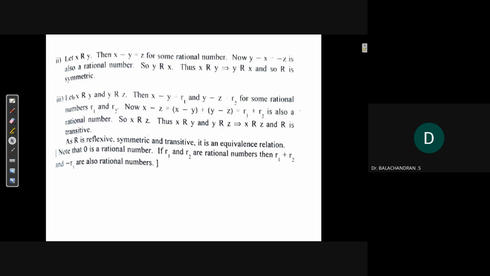Similarly, next transitive. x is related to y and y is related to z. x is related to y implies x minus y is equal to r1, and y minus z is equal to r2, for some rational numbers r1 and r2. Now you can add both the left-hand side as well as the right-hand side.